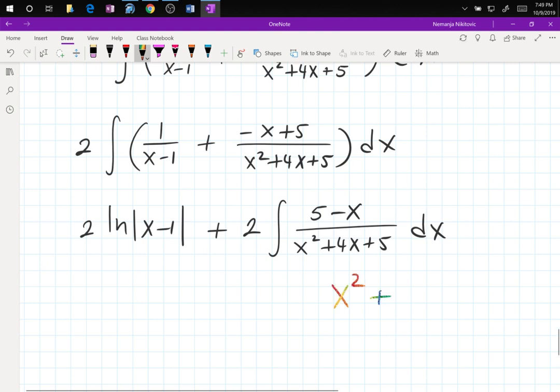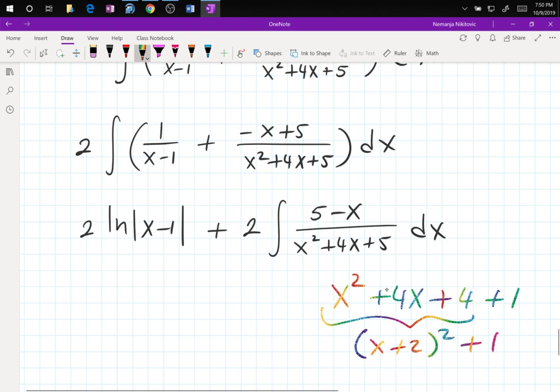X squared plus 4x plus 5. Look at that. Can you see it? So the plus 5, we are going to break into plus 4 plus 1, because these 3 are going to give you x plus 2, everything squared, and then you still have plus 1.